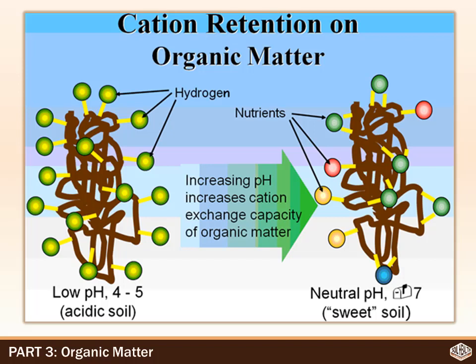A lower pH of, say, 3 or 4 means that there's more hydrogen present. In a lower pH system, positively charged hydrogen ions will bond and fill up the exchange sites, as on the left here, thus making those sites unavailable for cations and therefore decreasing the exchange capacity, as shown in this picture.